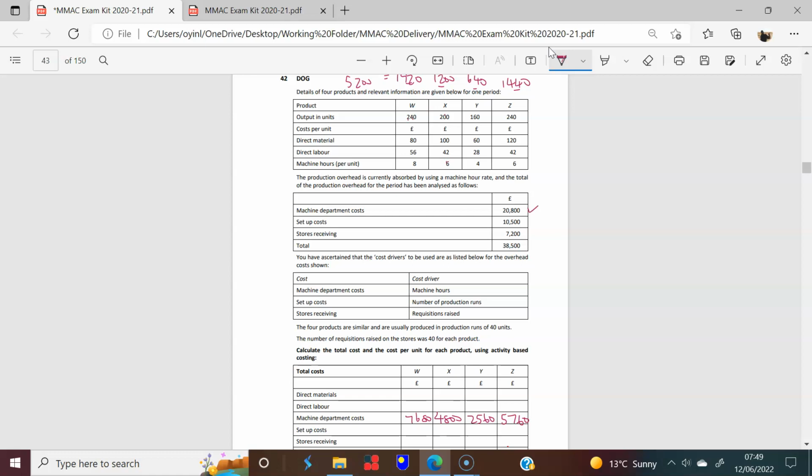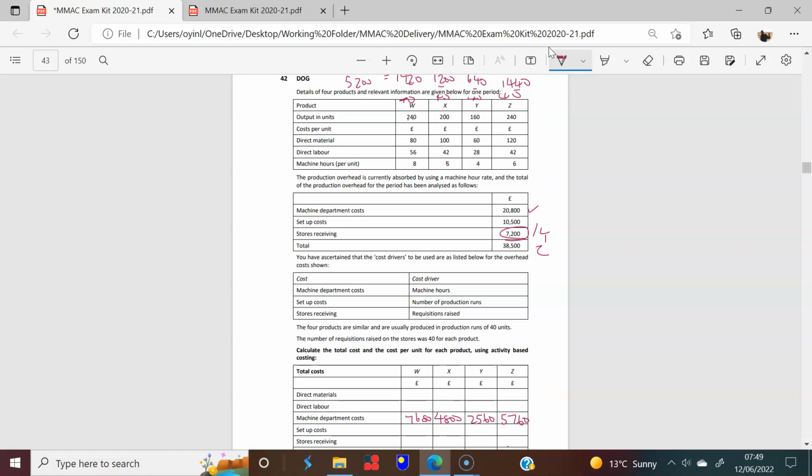Then we're told, a nice one to look at very quickly, it says that for stores, the number of requisitions raised on the stores was 40 for each product. So you did 40, 40, 40, 40. So really it's telling you to split this cost equally between them. So as a total, 7,200 divided by 4 is 1,800.